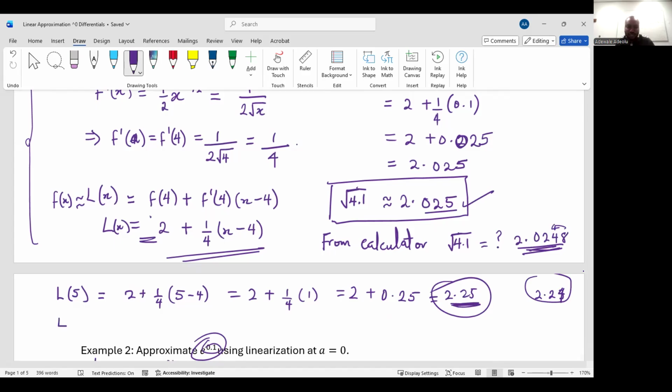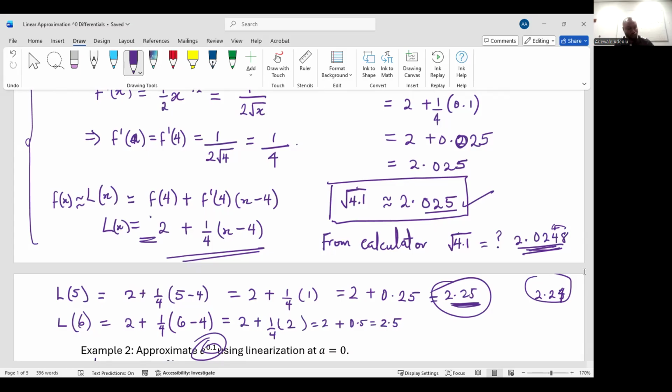That means if we use it to find the square root of 6, we will have 2 plus 1/4 times 6 minus 4. So that is 2 plus 1/4 of 2, which is 2 plus 1/2, 0.5. So that is 2.5. Now let us find the square root of 6.